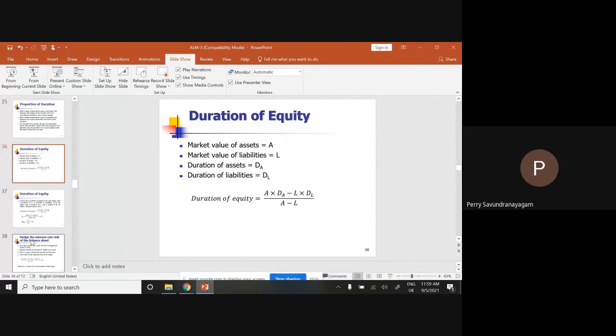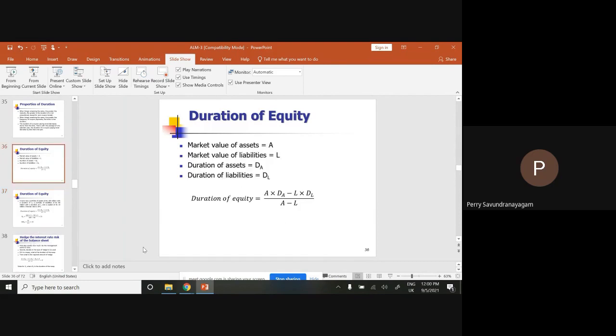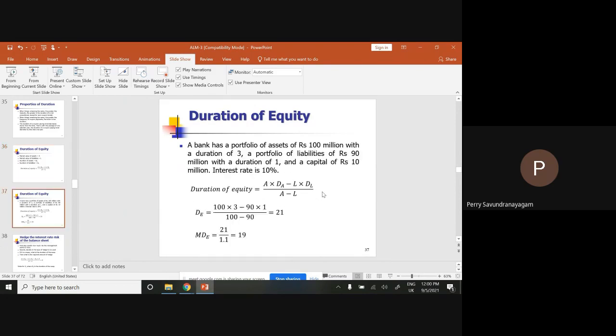So basically how it will work is you have an asset portfolio of 100 billion. Look at the example straight away with a duration of 3 years, liability of 90 and duration of 1 year. So basically you build the portfolio based on your duration. Assets minus liabilities: market value of assets, market value of liabilities, times the duration of the assets minus the duration of the liabilities.